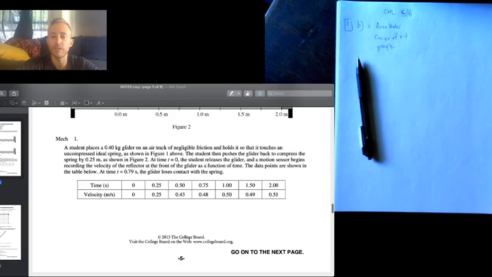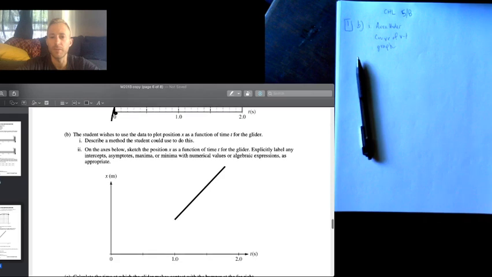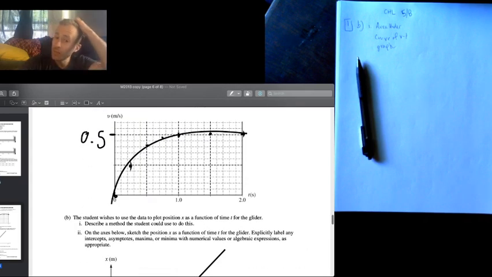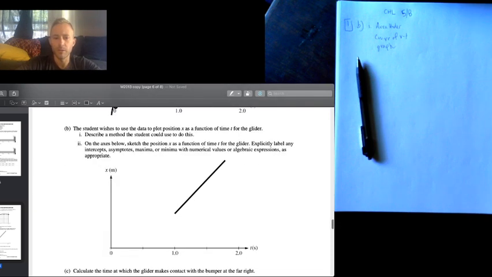So that means the slope of a position time graph is constant. In the beginning, we have acceleration though, and the acceleration decreases to 0. So we're going to have something that kind of looks like this.